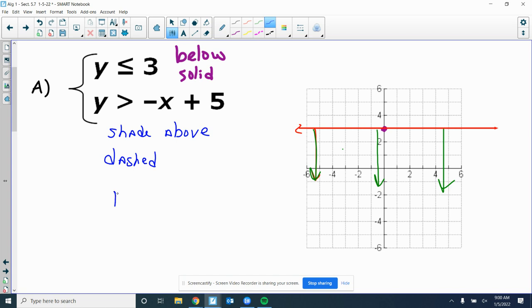Okay, what's my slope? -1 over 1 or just -1. What's my y-intercept, guys? 0, 5. So I'm going to go to what? Up here? There's my y-intercept.